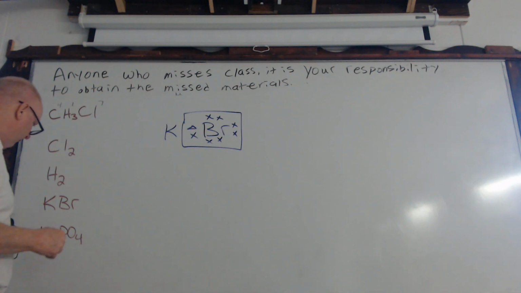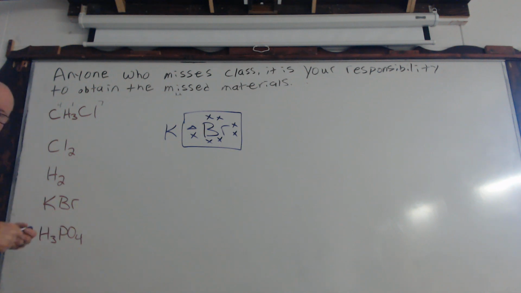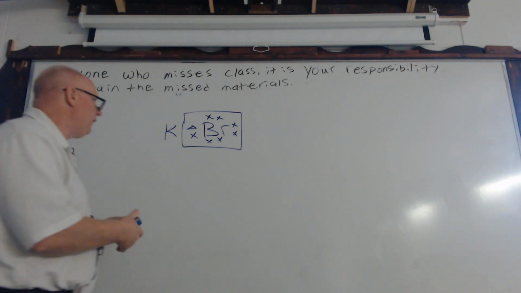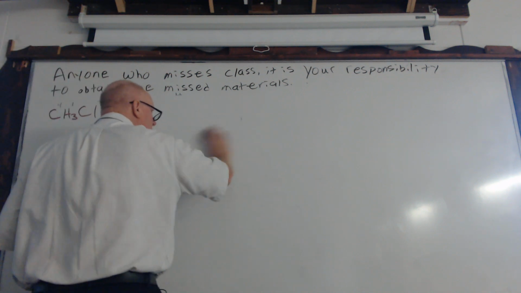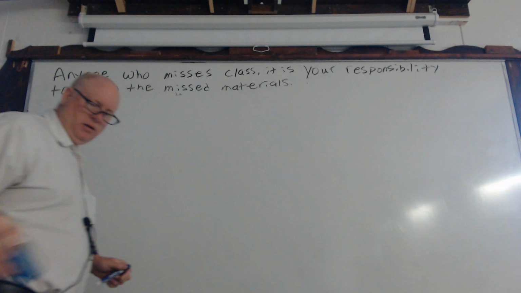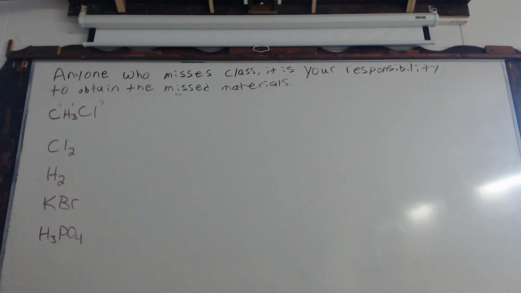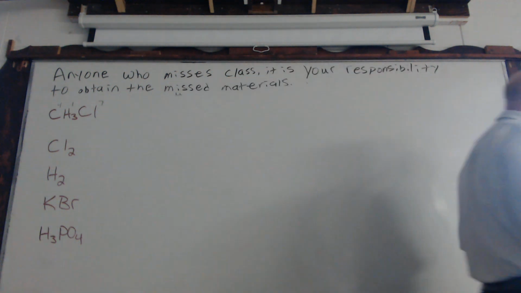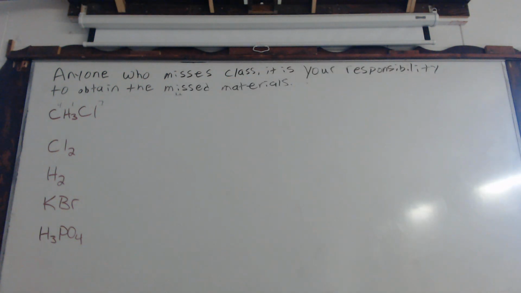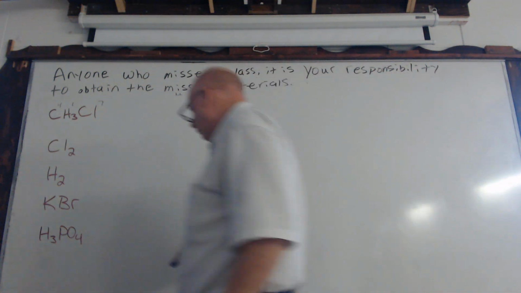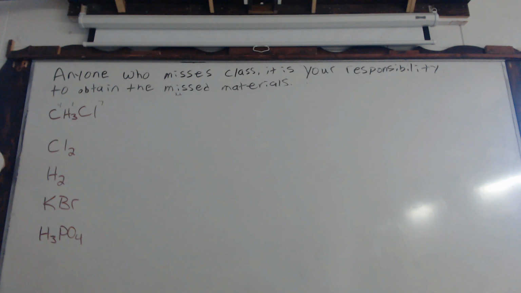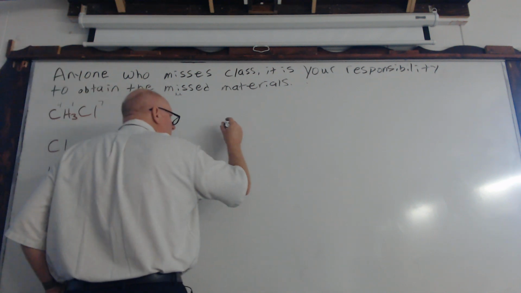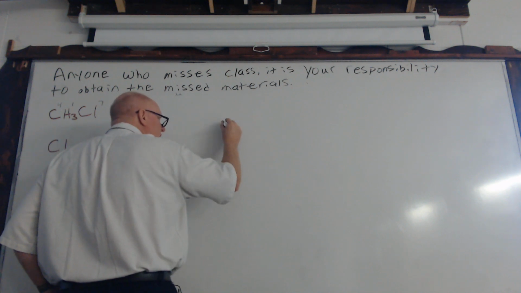Then finally, we move ahead to the phosphoric acid or hydrogen phosphate. In this case, how would you know which one to start with? That would be the element with the least number of subscripts. So in this case, it would be phosphorus. That would be where you would want to start. And when we do that, it branches out in all directions.